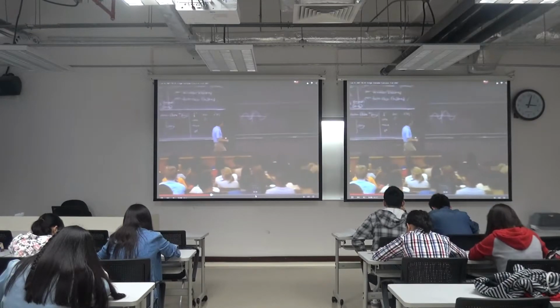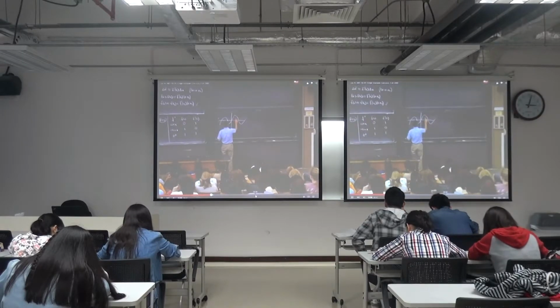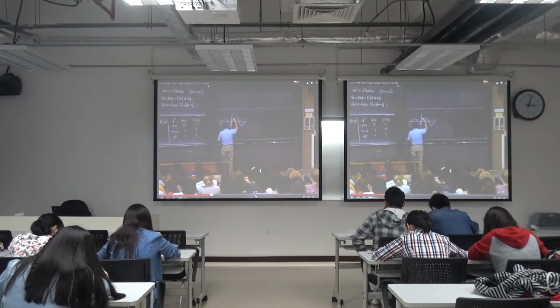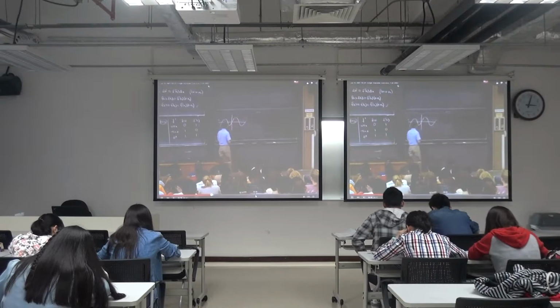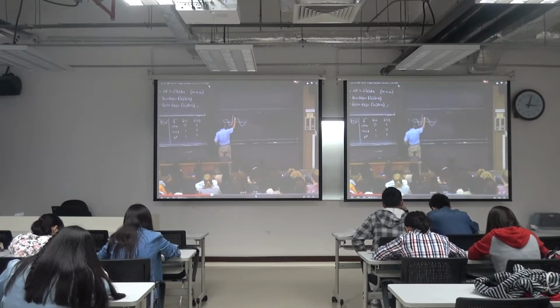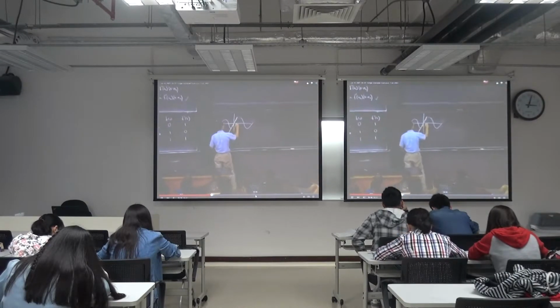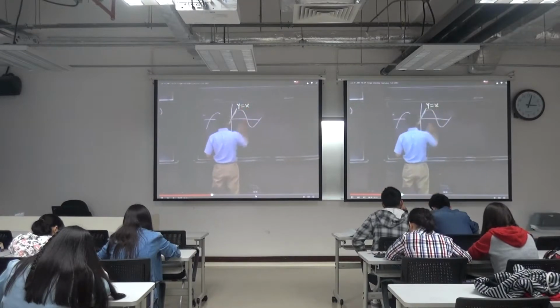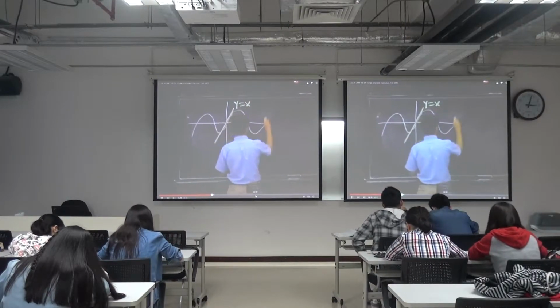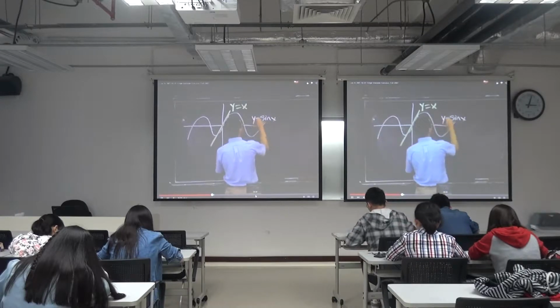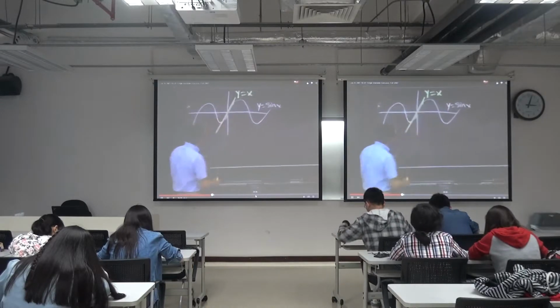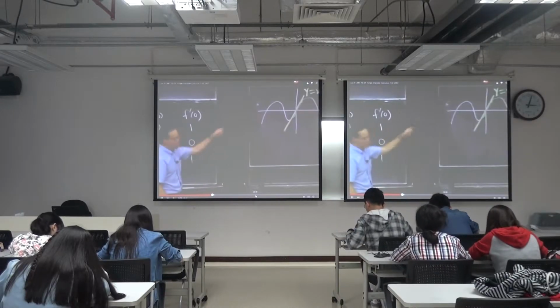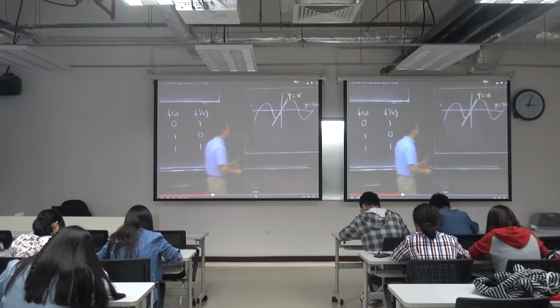Let's try to make the two bumps be the same height. Anyway, the tangent line we're talking about is here, and this is y equals x. And this is the function sine x. And near 0, those things coincide pretty closely.